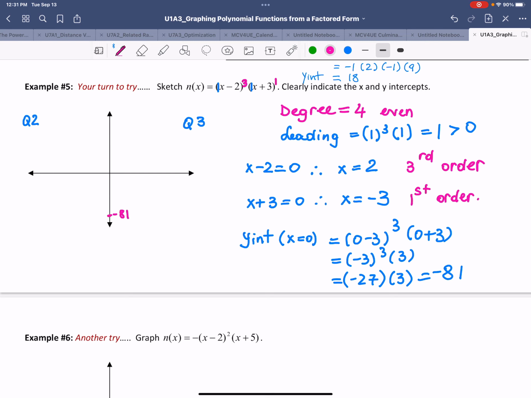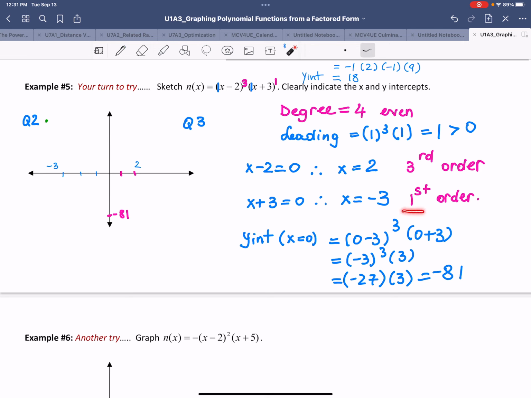I'm going to plot the x-intercepts on the x-axis: one at x = 2 and one at x = −3. Knowing that the graph will start in quadrant 2 and end in quadrant 1, I can start sketching. I start in quadrant 2 and make sure that I hit x = −3.